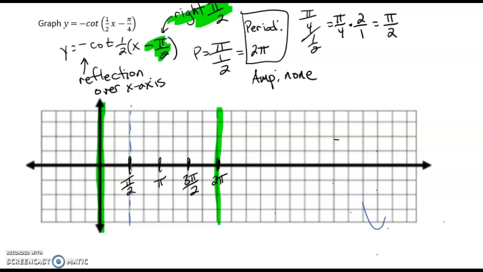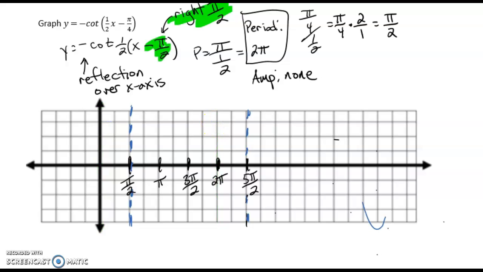And then if I add pi over 2 to 2 pi, I get 5 pi over 2. So I'm going to have an asymptote here. When you shift, your asymptote also shifts. And then this is what you can use as a reference to sketch in your graph.